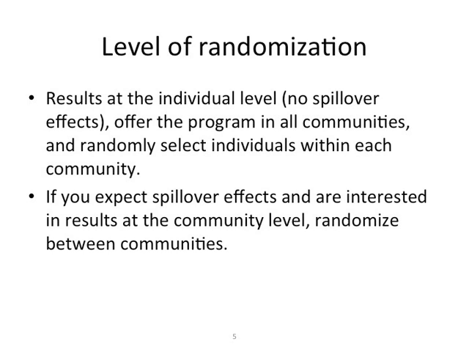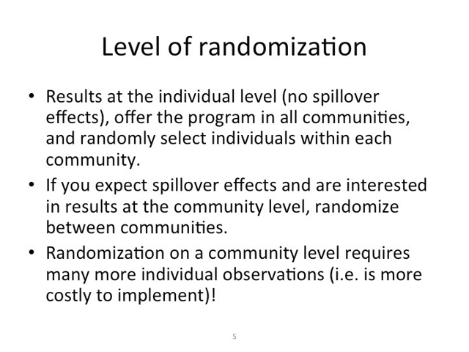Once you expect spillover effects to be present, you should randomize on the level at which there are spillovers, like schools or communities. Randomization at the community level, however, requires many more observations if you want to achieve the desired goal of having equally balanced populations in both the control and treated groups.